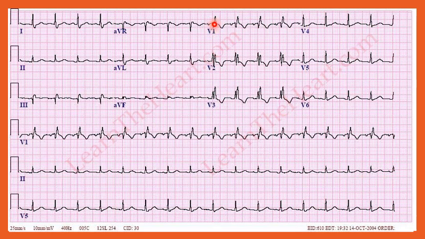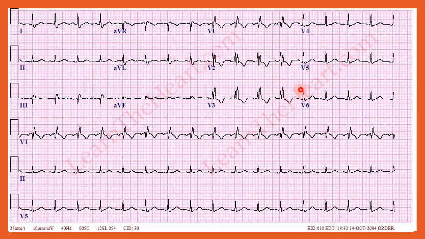And then when we look at the configuration in V1, what do we see? We see small little r, s, and then another r, which we call r prime configuration. So r, s, r prime configuration. And then over in V6, what do we see?